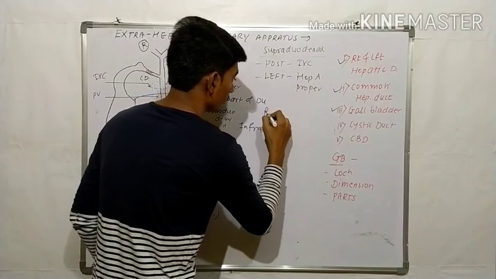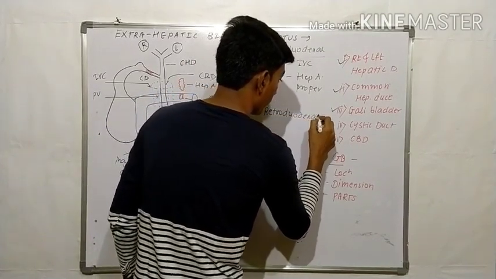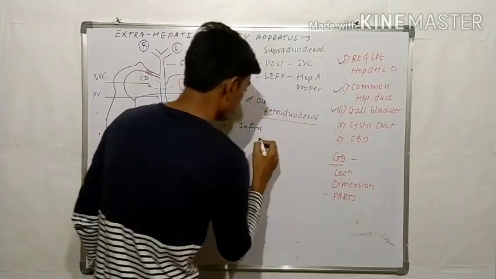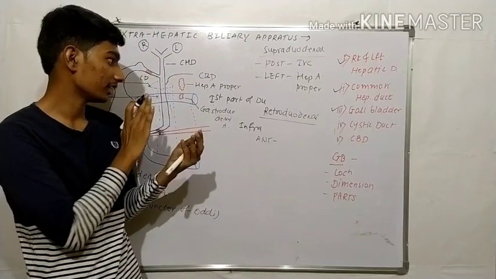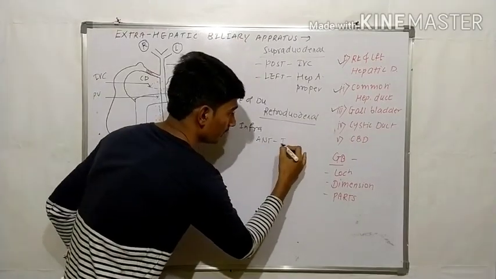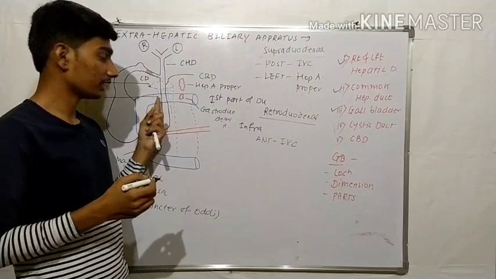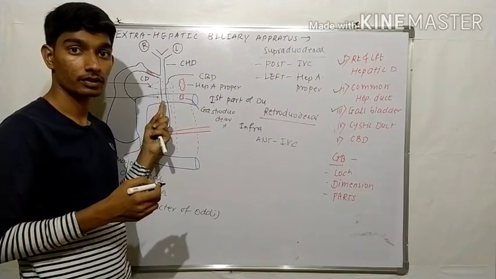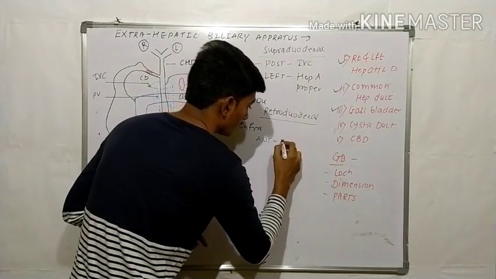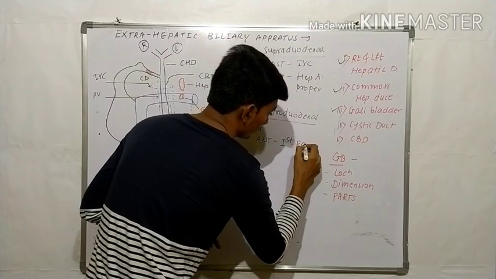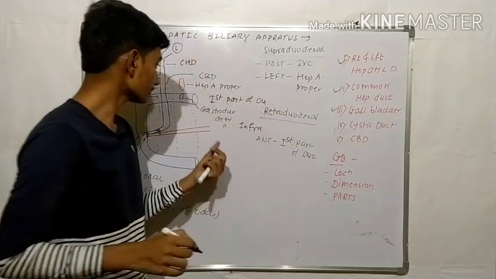Now coming to the retroduodenal part. Anteriorly, there is the first part of the duodenum.